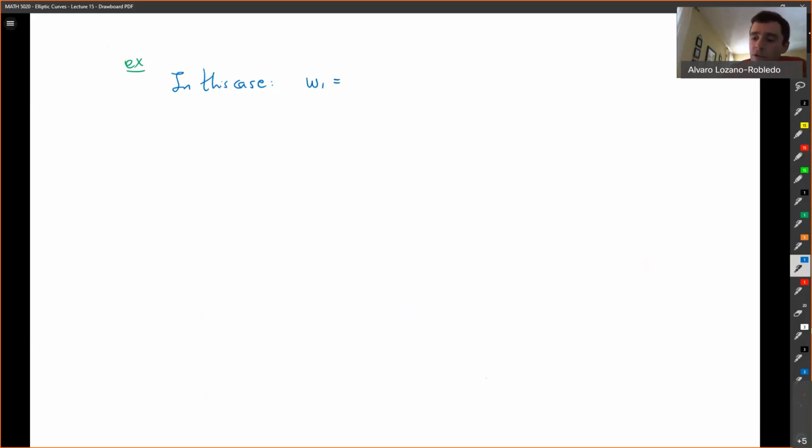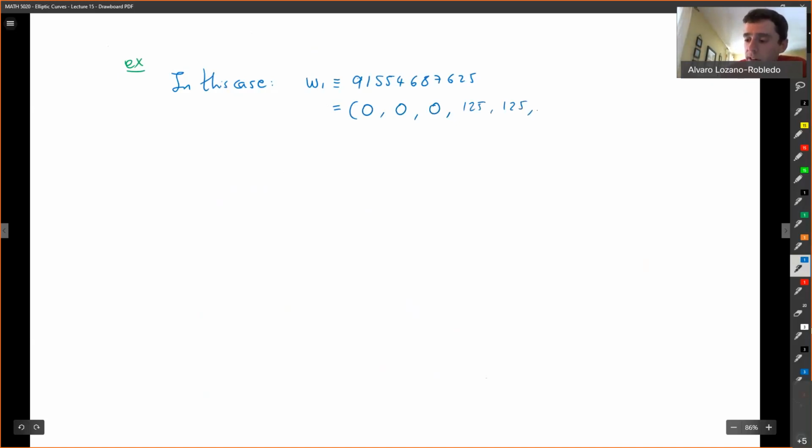So W1 is 91554687625, which in the p-adic expansion looks like 0 mod 5, 0 mod 25, 0 modulo 125, and then 125, 125, and the conditions keep going.